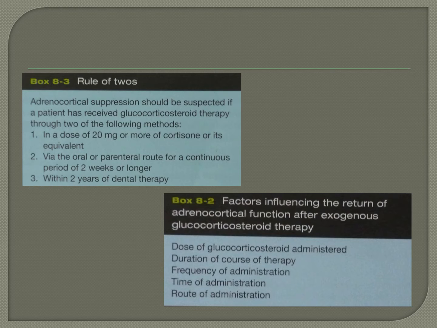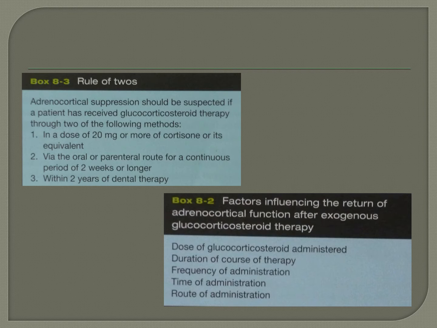The first one is the role of causes. Adrenocortical suppression should be suspected if a patient has received therapy with the following methods. That means if the patient is taking steroid therapy for a longer duration, then an acute adrenal crisis can happen. So what do we see mostly in this type of patient?